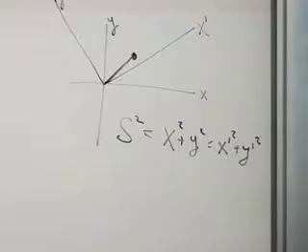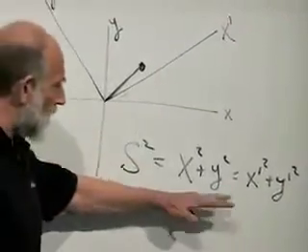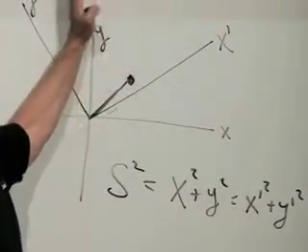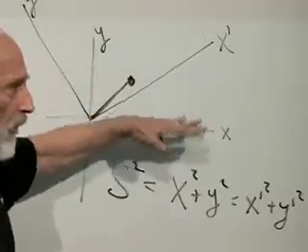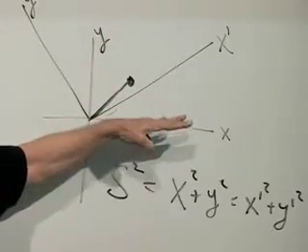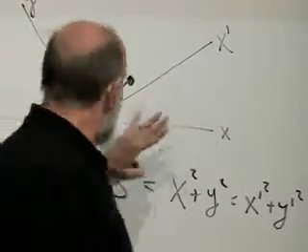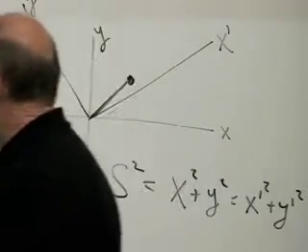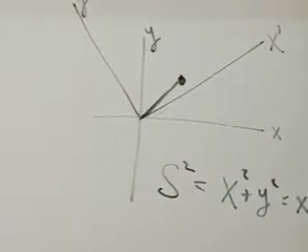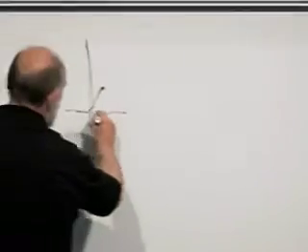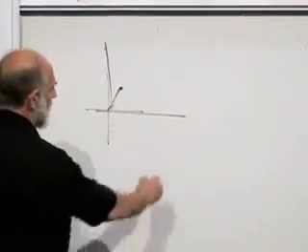In other words, the quantity x squared plus y squared is the same in any ordinary coordinate system involving the rotation of coordinates. Something like that is true for Lorentz transformations, with a slightly different mathematical expression.